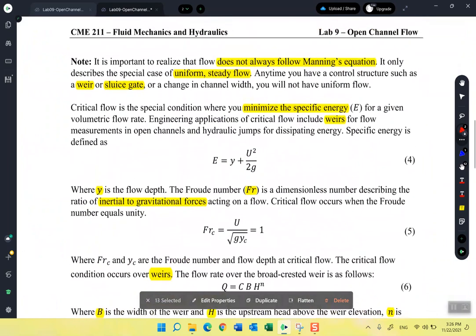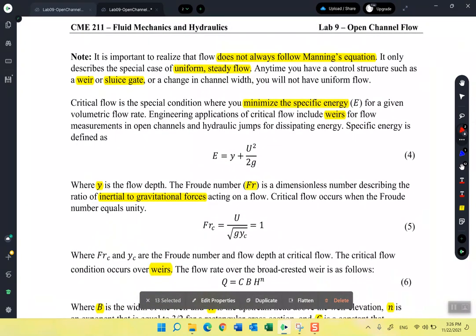Great. So we already said that applying the Manning equation can only be done if the flow is uniform and steady. Of course, the flow that we are going to work with is always steady, I mean in this lab, but in some cases it can be non-uniform.